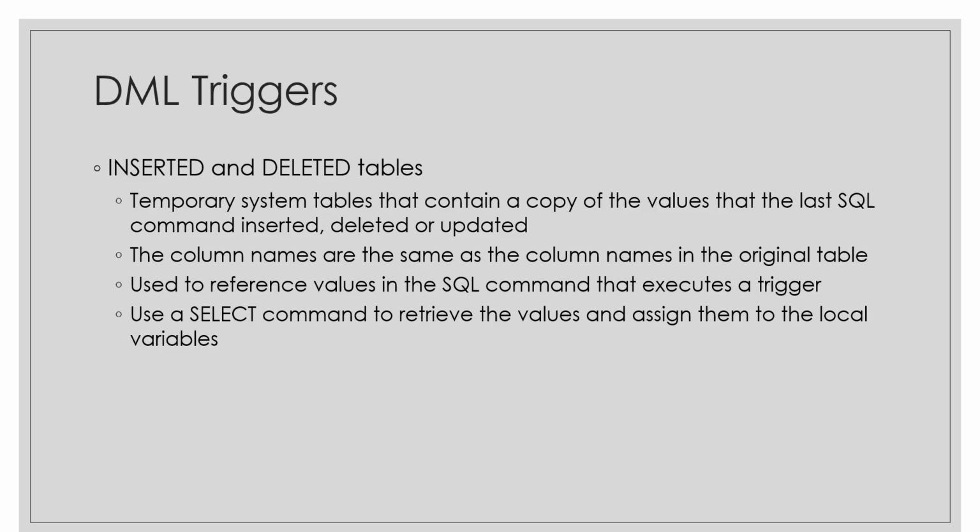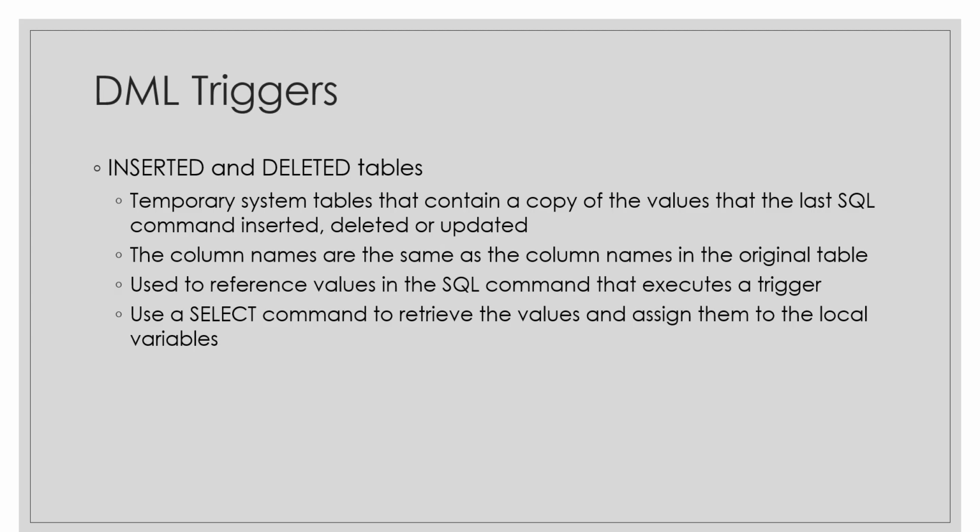All right. Now, how does the code work inside these DML triggers? Often if we're going to do any logic, that logic will be based on knowing what the changes were that were happening here, whether it's an insert, an update, or a delete, right? If you're going to intervene and maybe make some additional changes or decide if this was okay or not, well, you've got to know what data has been manipulated in this data manipulation action, right?